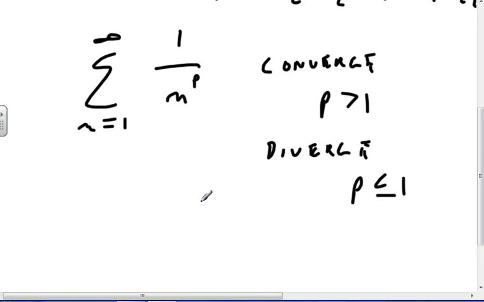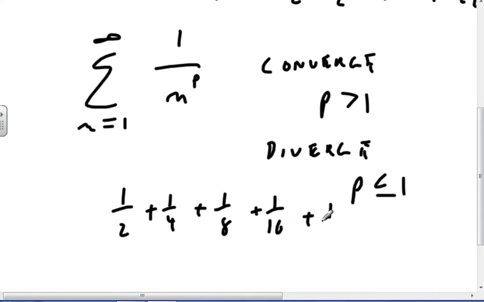So if I had 1/2 plus 1/4 plus 1/8 plus 1/16 plus 1/32, that'd be p is a 2, right? And so 2 is greater than 1. It's going to converge. And I look at that limit.